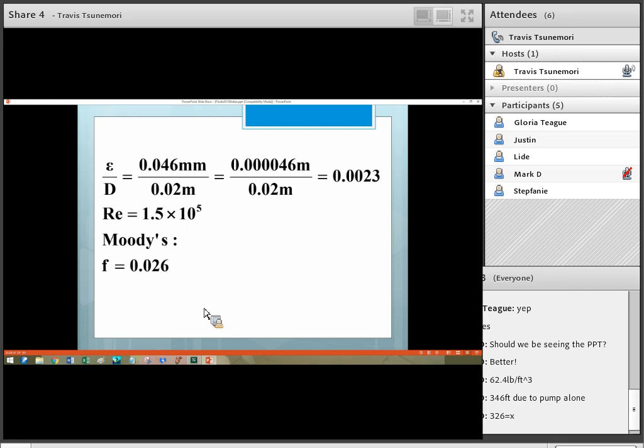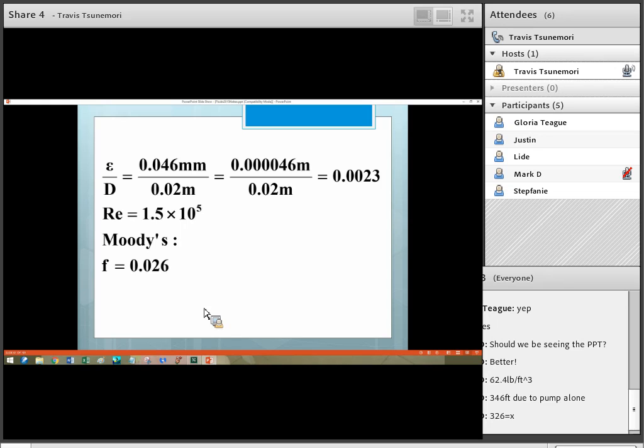And 0.046 millimeters is for commercial steel. And the diameter is 0.02 meters, so putting them in common units, we get 0.0023.